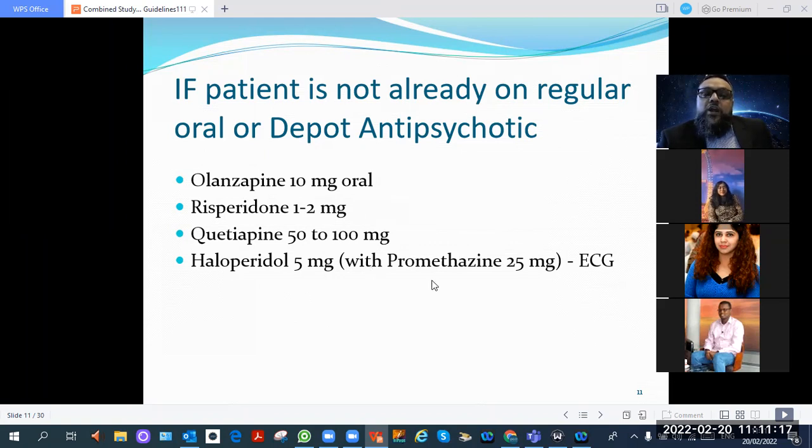Okay. So haloperidol 5 milligrams, ECG is very much important. Yes, we have oral dispersible risperidone as well in Pakistan. Yeah, you have the oral dispersible. That's right. That's fine.